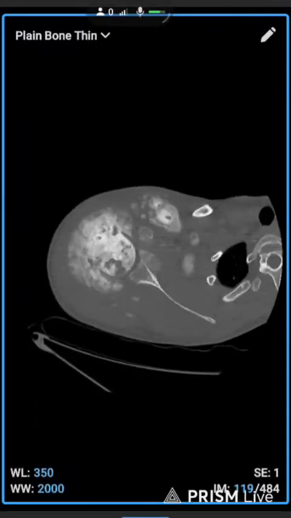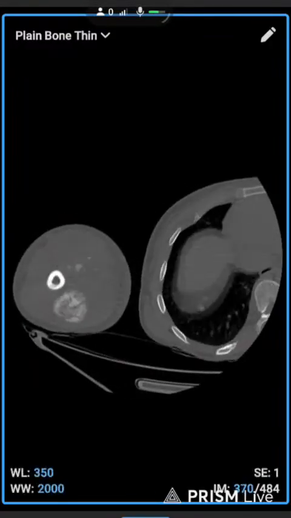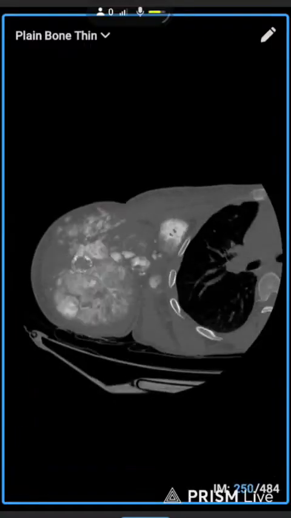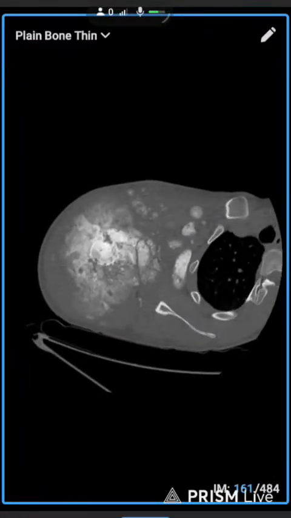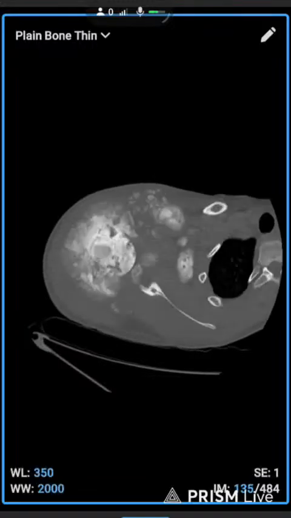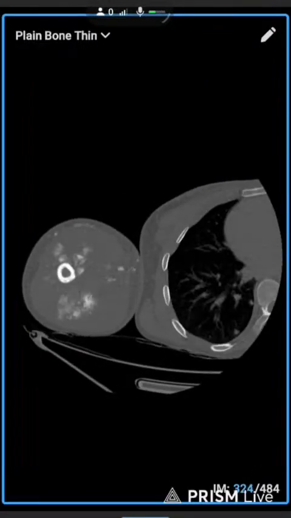So after the MR we took a CT scan of the shoulder. Here you can see the bones look different in this sequence. Everywhere seems like bone.